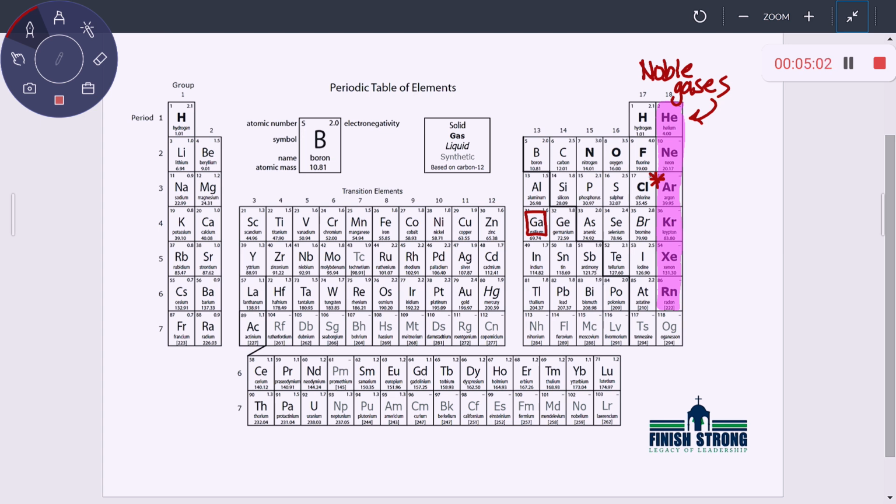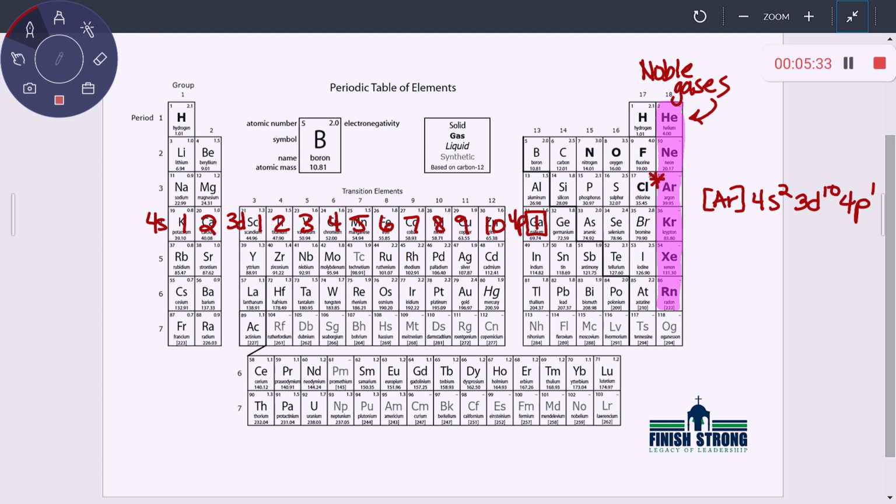Gallium has argon as the previous noble gas, so put argon in a bracket and then write everything after it. So we would have 4s2, then 3d 1, 2, 3, 4, 5, 6, 7, 8, 9, 10, and then 4p1. So this would be the shorthand for gallium.